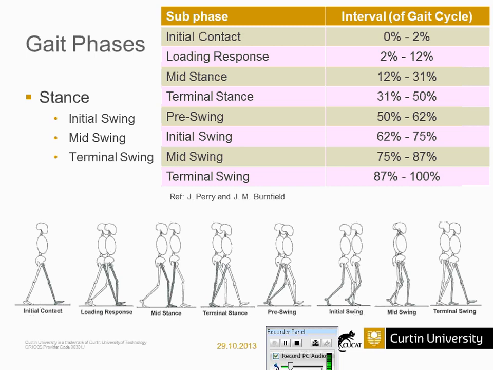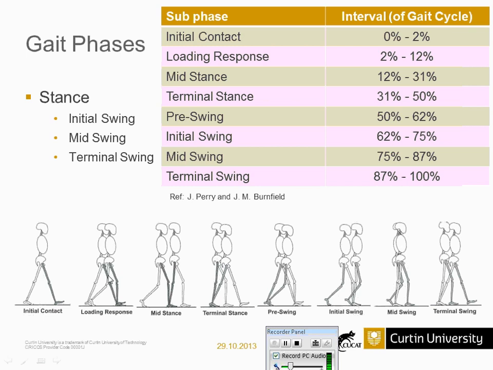The terminal stance is where it moves forward further, and free swing is where the heel starts moving away from the ground, supporting on the toes. I'm talking about the reference leg.